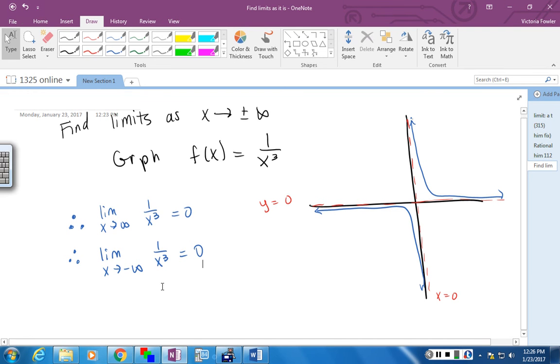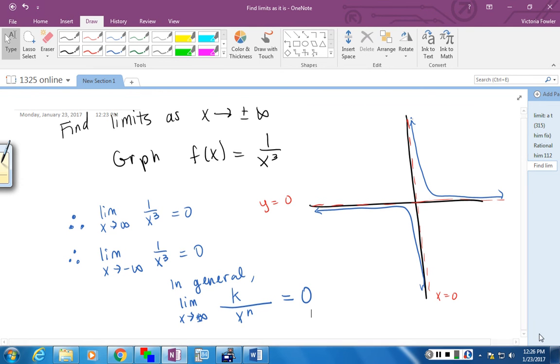So in general, the limit as x approaches infinity, or even negative infinity, so I'm going to put plus or minus infinity, where you have a constant in the numerator, let's call it k, so here k was 1, for example, and we have x raised to a power, let's call it n, in general we're going to get 0 as our answer, just as we've seen here.